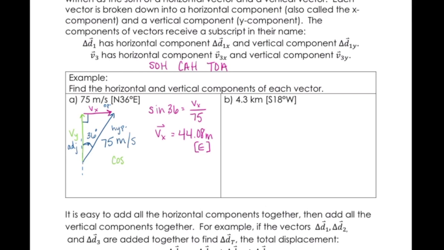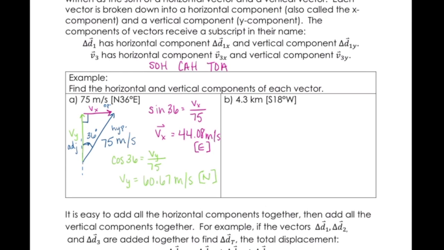Cosine of 36 equals our adjacent, which is Vy, over our hypotenuse, which is 75. Once again, multiply both sides by 75 and calculate it out, and we should get that our vertical is 60.67. Oops, I forgot, this is meters per second, not just meters. Meters per second, and if we look at the direction, it is north. So we broke it down into its two separate parts.